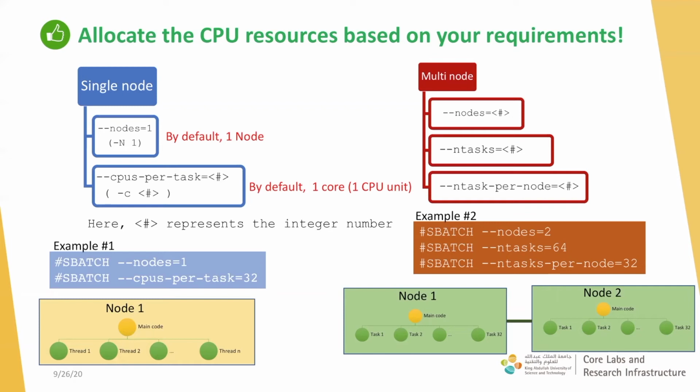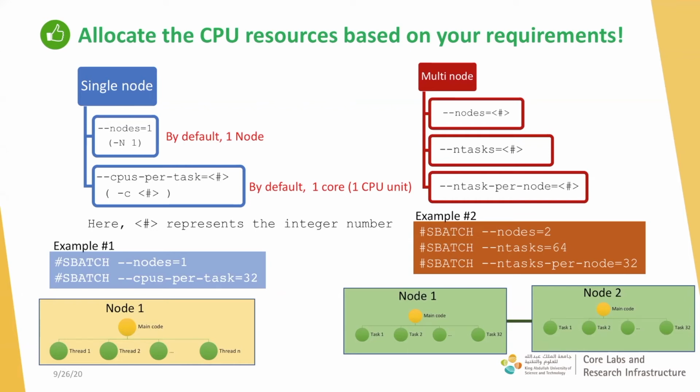Here, this CPUs per task should be specified as an integer. In example one, the number of nodes is 1 and CPUs per task is 32, so the multi-threaded job will be executed within the node.